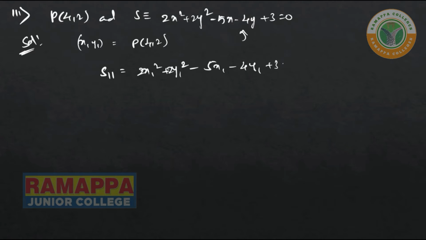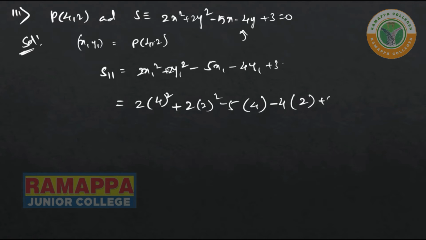In this we have to substitute the values. Now 2 into x1 square is 4 whole square, plus 2 into y1 square is 2 square, minus 5 into x1, which is 4, minus 4 into y1, which is 2 only, plus 3.